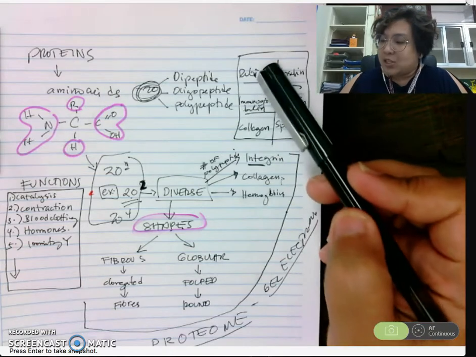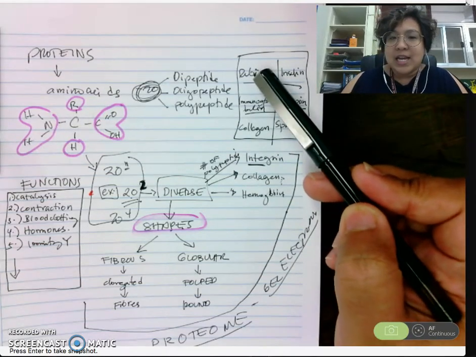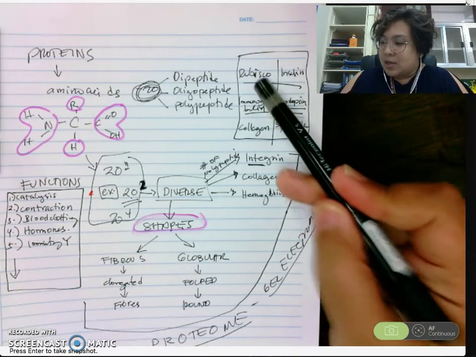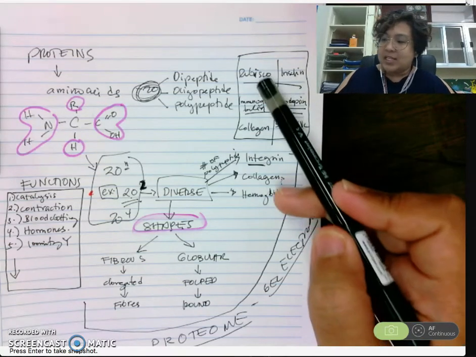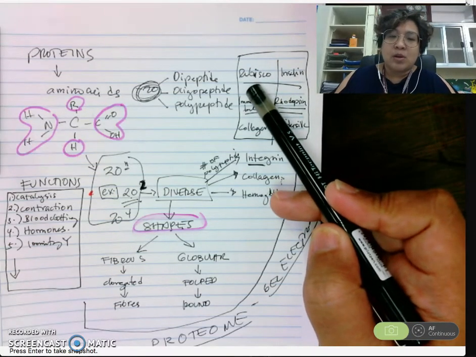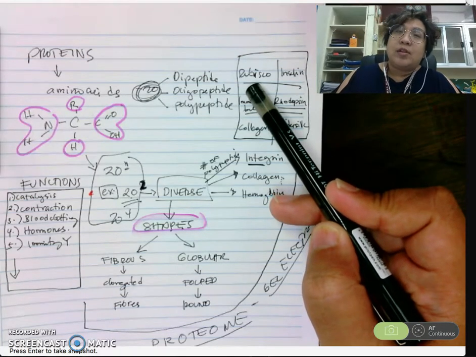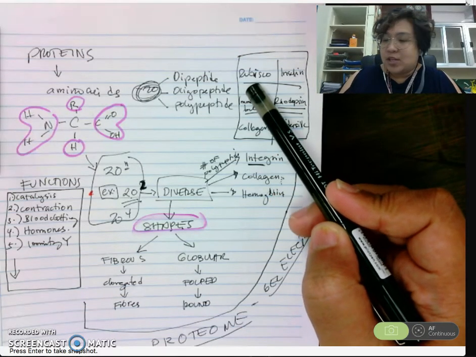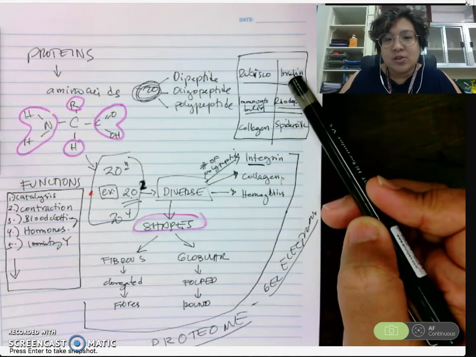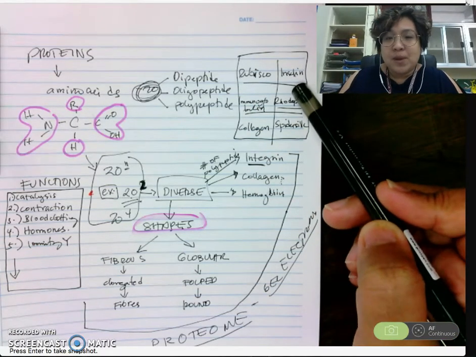So we have Rubisco. Rubisco is an enzyme that is created by your plant cells, and that enzyme is responsible in the light-independent stage of photosynthesis. Second one is your insulin. Your insulin is a hormone produced by your pancreas.